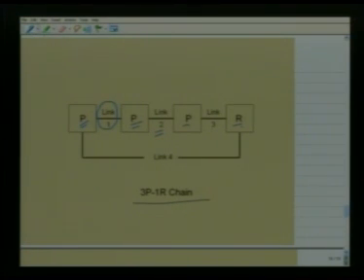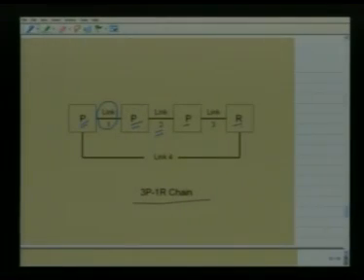It will be easy to show that we cannot have a mechanism with such a 3P1R chain. For example, because there is a prismatic pair between link 1 and 2, there cannot be any relative rotation. Same goes between link 2 and 3, because they are connected by a prismatic pair. There cannot be any relative rotation between link 2 and link 3.